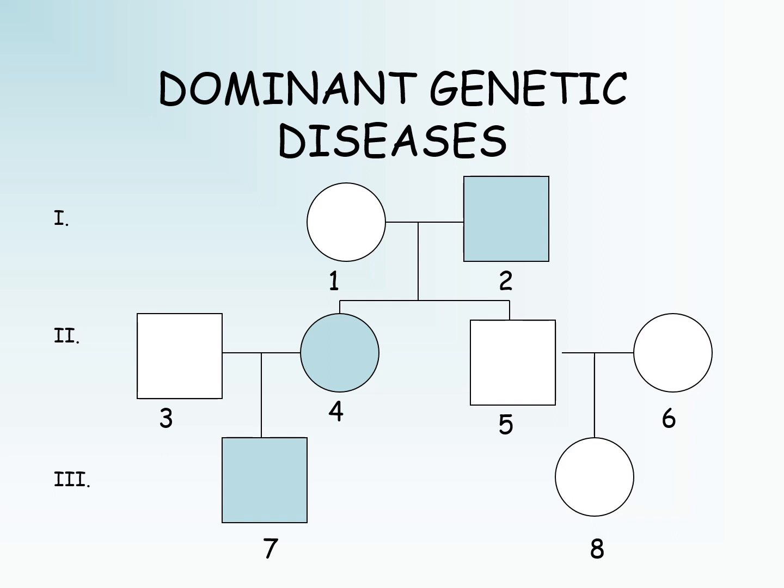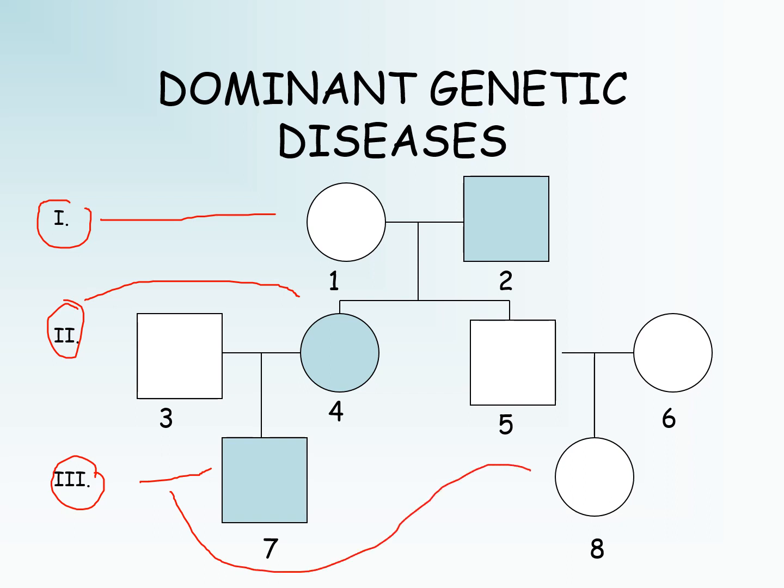The numbers over here, the 1, the 2, and the 3 represent the 3 different generations. So first generation are the parents, second generation are their children, and the third generation refers to the grandchildren. So dad here has the trait, daughter has the trait, son has the trait.